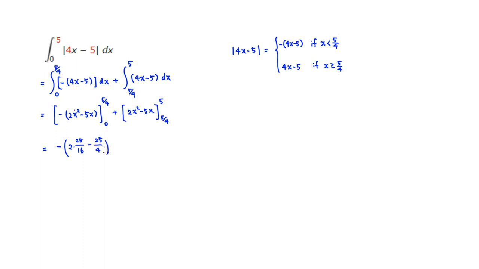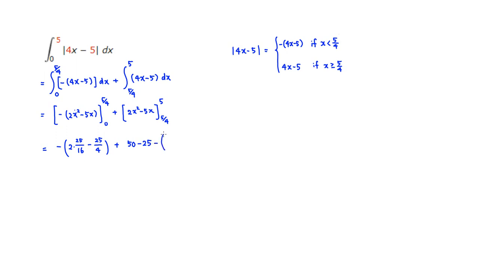And minus, if you plug in 0, it's all 0, so I'm not going to write anything there. And plus, I plug in 5, so it's 25 times 2, so it's going to be 50, and minus 5 times 5 is 25.